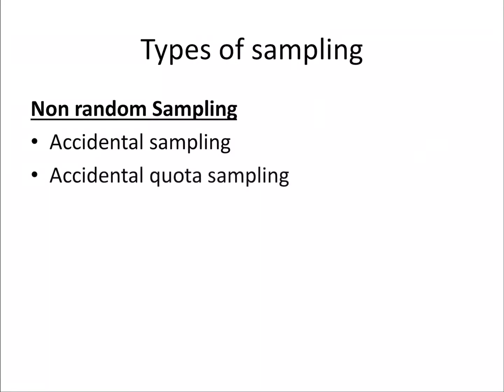A second type of non-random sampling is called accidental quota sampling. So let's assume that I wanted to compare use of university bursaries between two sets of students. If I want to compare the use of university bursaries between Francophone students, males and females, then I specifically have to request a professor teaching a French course to be able to use their classroom.